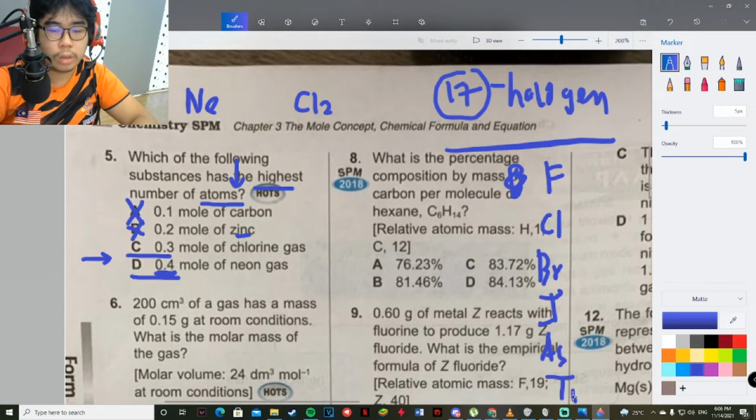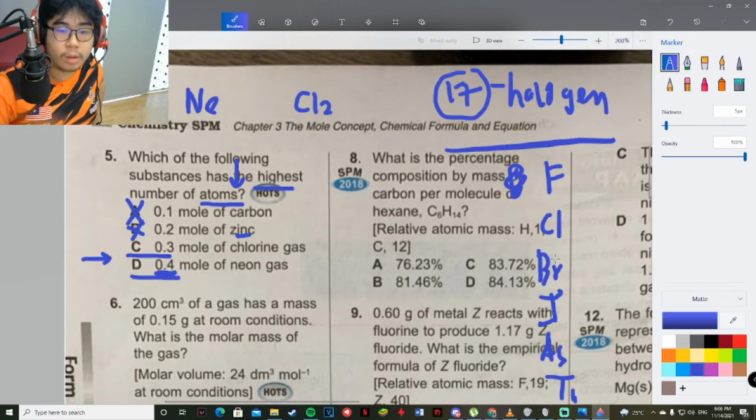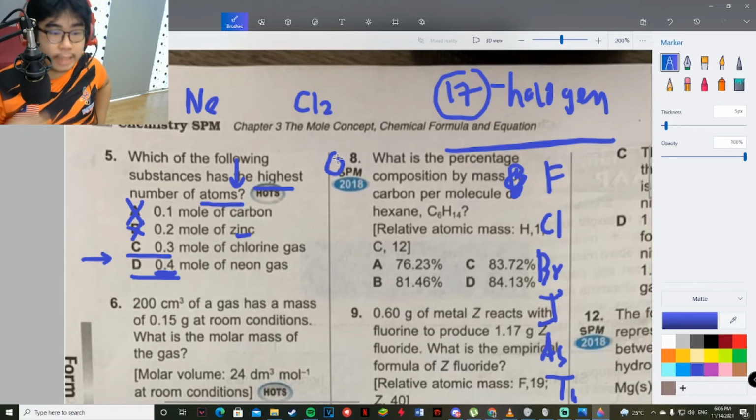So basically F, Cl, Br, I, At, all of this group 17, or even oxygen, exists only as diatomic molecules, which is bromine or Br2, chlorine gas like Cl2, or oxygen gas like O2.